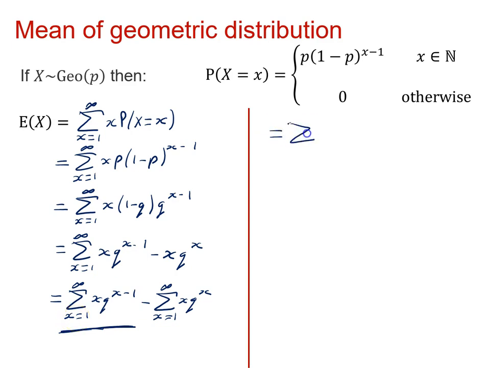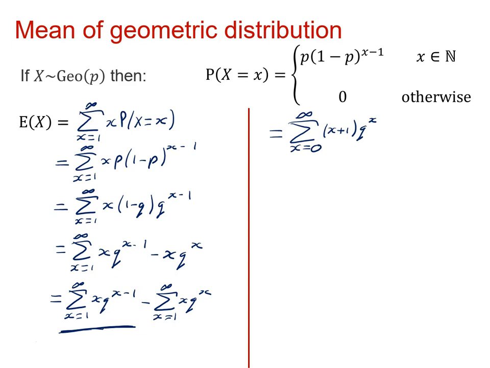And I'm going to shift it downwards so that it's now going to start from 0 up to infinity. However, since I'm doing that, I need to make sure that I'm adding on 1 to each of these. So I'm going to get an x plus 1 and a q to the power of x minus 1 plus 1, which is a q to the x.